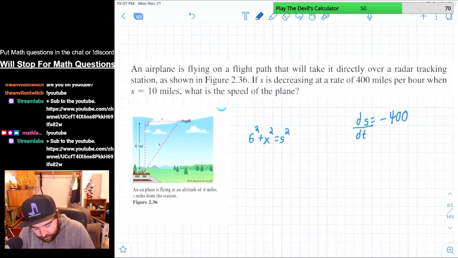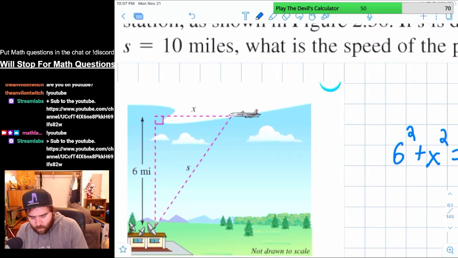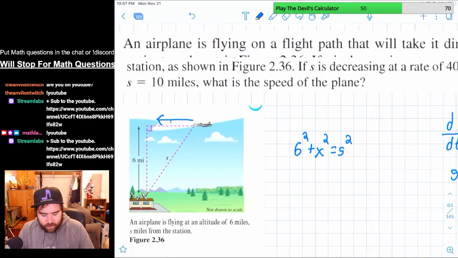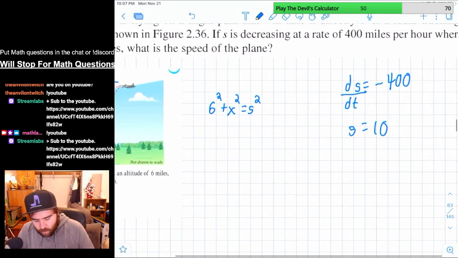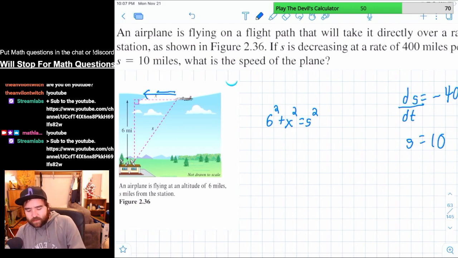And then they tell us that we want it when s is 10. And what do we want? The speed of the plane. So what's the speed of the plane? Well, it looks like the plane is going this way, so dx/dt is going to be changing at a certain rate. But we don't just want dx/dt because that's going to be negative because it's getting smaller.